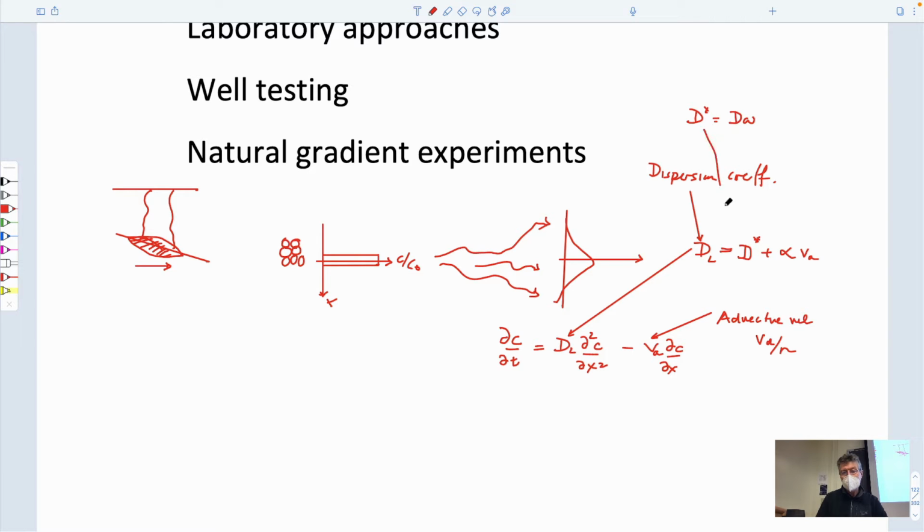And so we can define this. This represents Fick's law, essentially, in place. And this represents mechanical dispersion. And the fact that we use this coefficient D_L is because if you look at the skyscraper going to this Gaussian distribution, it looks like a diffusion problem.